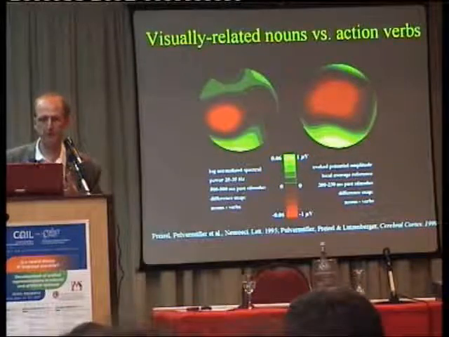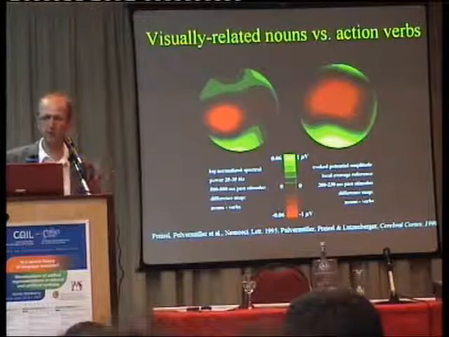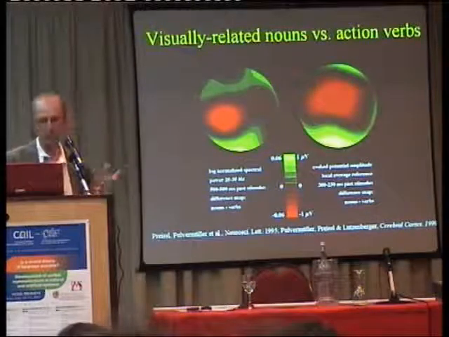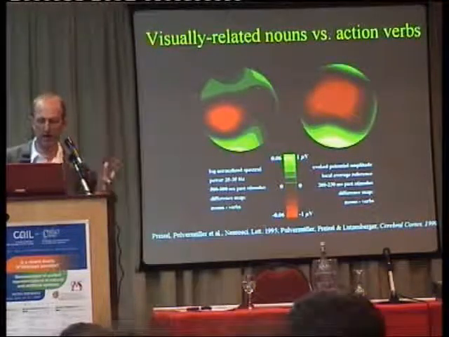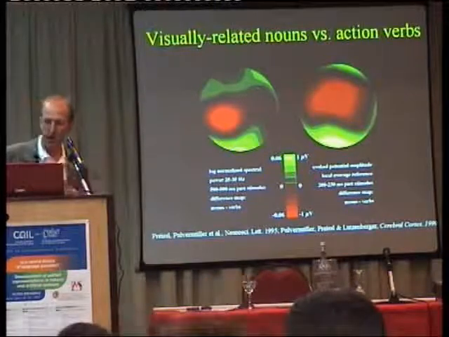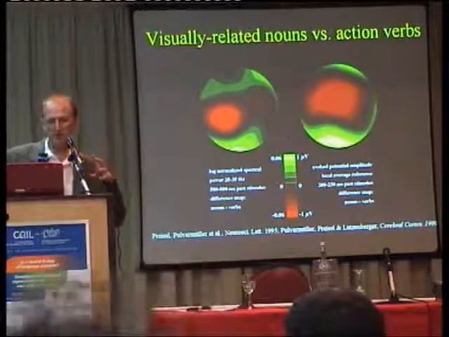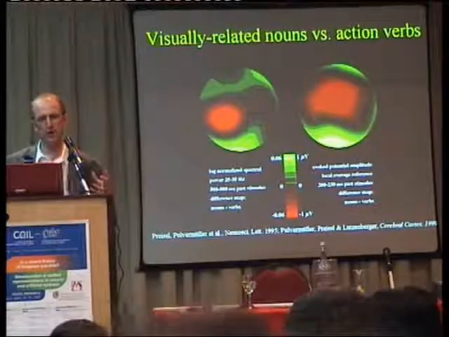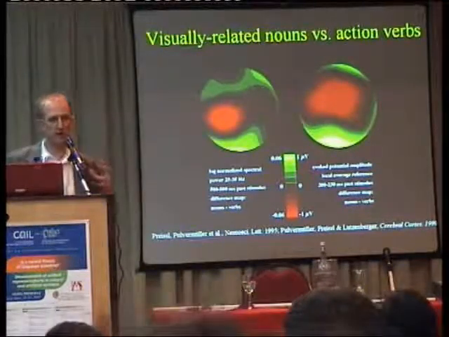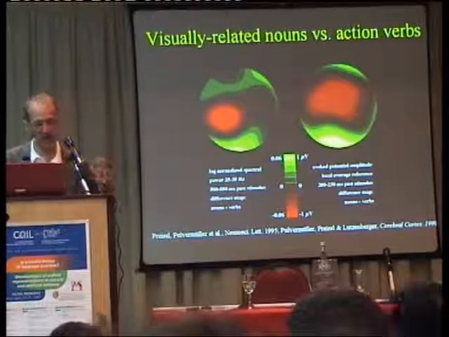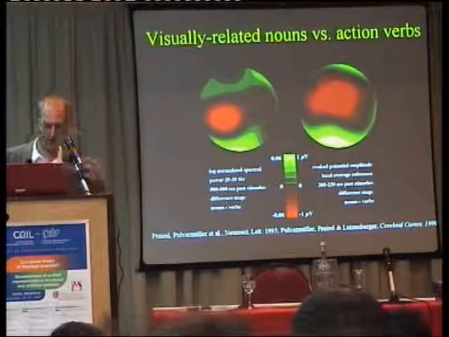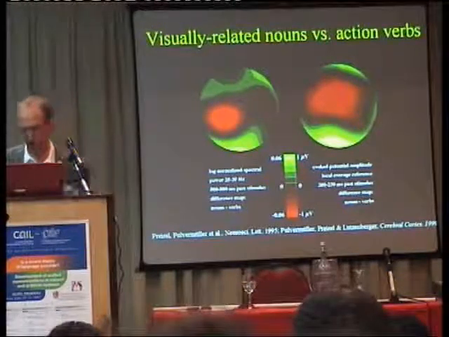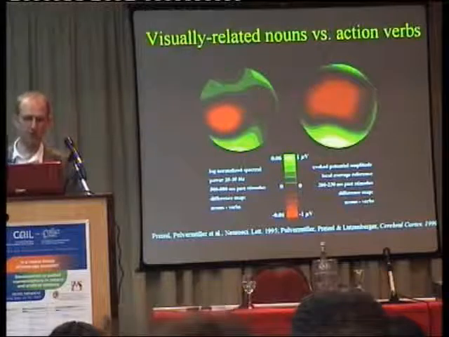Here's one of our first studies we did on the difference between visually related nouns and action-related verbs. This was still done with EEG, and the diagrams on the left and right both indicate that there is differential activation over the head, stronger activation to action-related words close to the action areas of the brain, and stronger activation to the visually related nouns over the back of the head, where the visual cortex is situated.